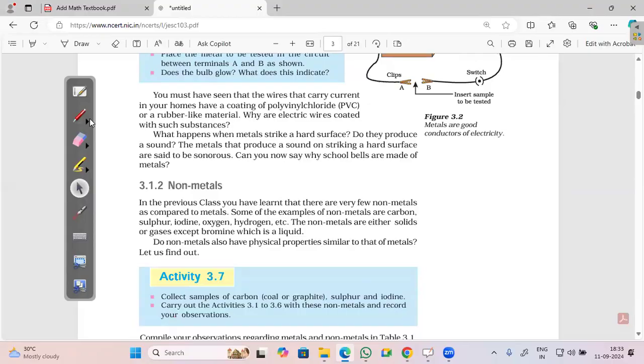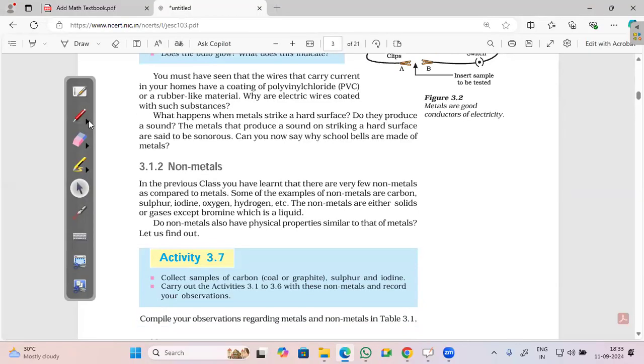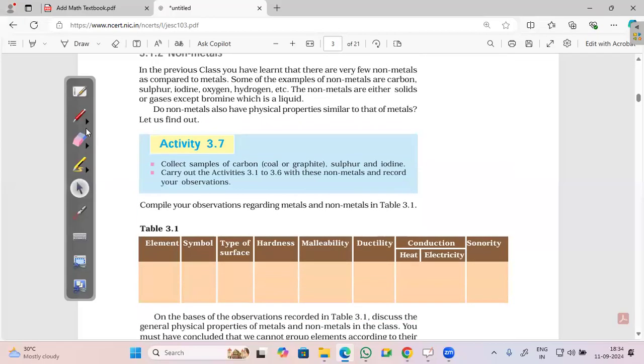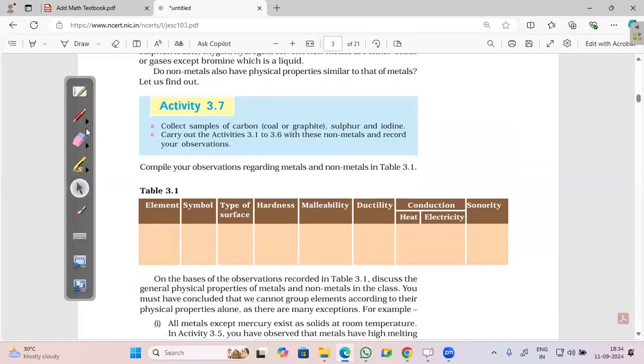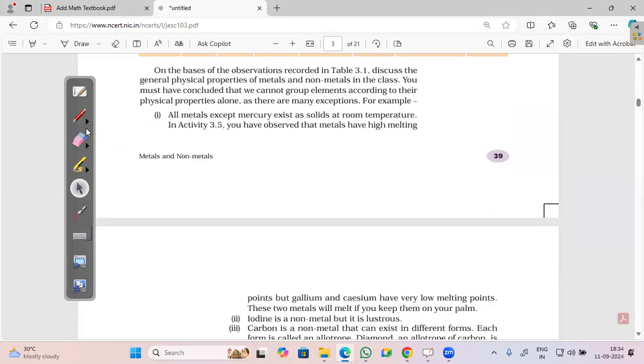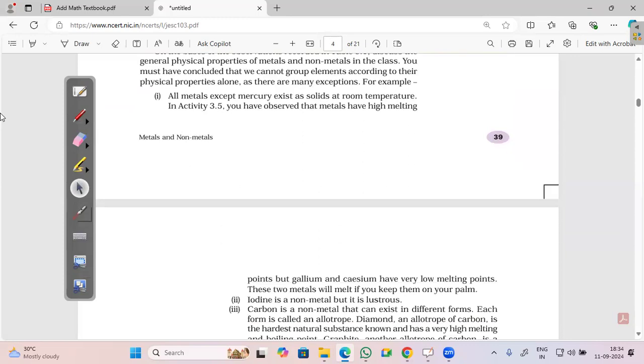The non-metals are poor conductors of electricity. A few of them, like graphite, are good conductors of electricity. Now the properties we have discussed, quickly. First, all metals except mercury exist as solids at room temperature.